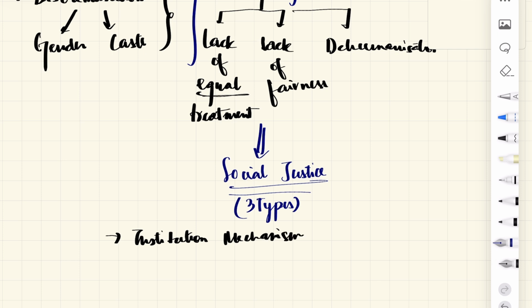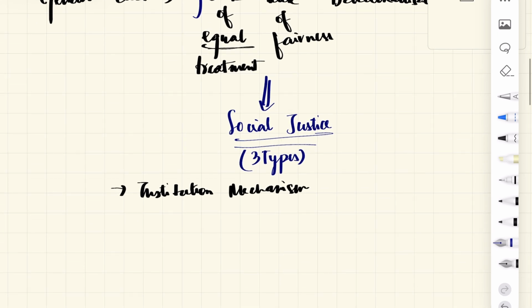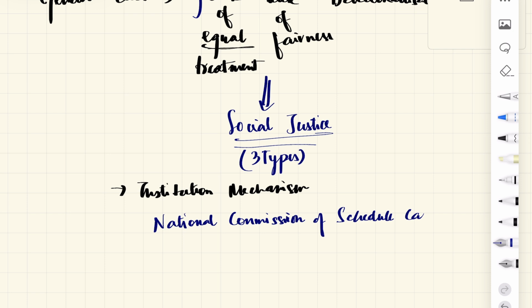For example, I'll give an example, like the National Commission for Scheduled Castes, NCSC, right? You know what this is? National Commission for Scheduled Castes, because for most of the scheduled castes and scheduled tribes, there's lots of discrimination in society, wherever they go, maybe in school, in society, in the market, everywhere.